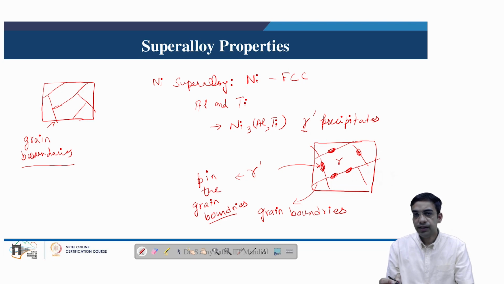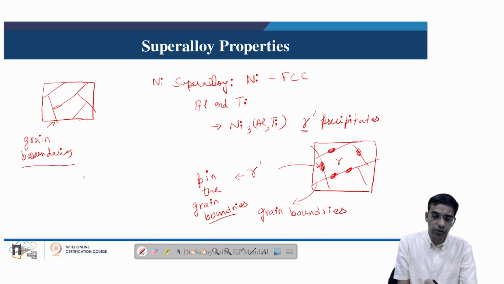Then specifically these superalloys which are used in gas turbine blades are also cast using special casting processes to result in single crystal microstructure. What I mean by single crystal microstructure is that there are no grain boundaries. Now the question arises, when there are no grain boundaries, how do the materials solidify?